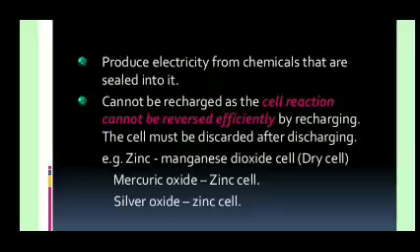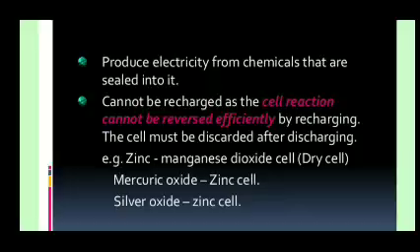By recharging, the cell must be discharged after discharging. For example, zinc manganese dioxide dry cell, mercuric oxide zinc cell, silver oxide zinc cell.